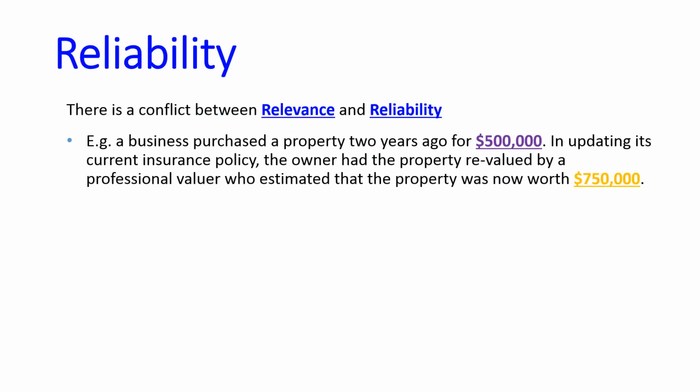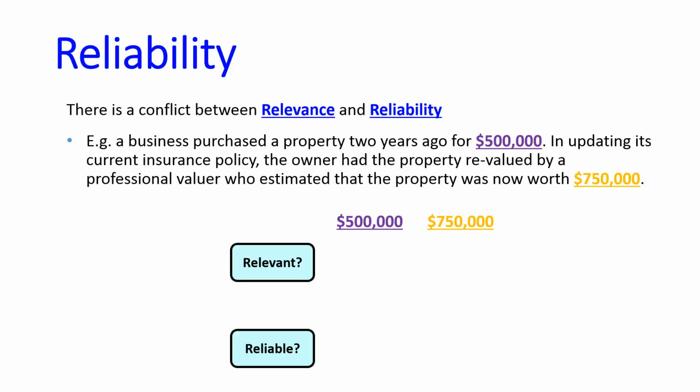There's always a conflict between relevance and reliability. Just using an example of a property, what if something went up in value? We bought property for $500,000 2 years ago. In updating the current insurance policy, the owner had the property revalued by a valuer who estimated the property has gone up to $750,000. How it should be valued really depends on the question and your opinion.